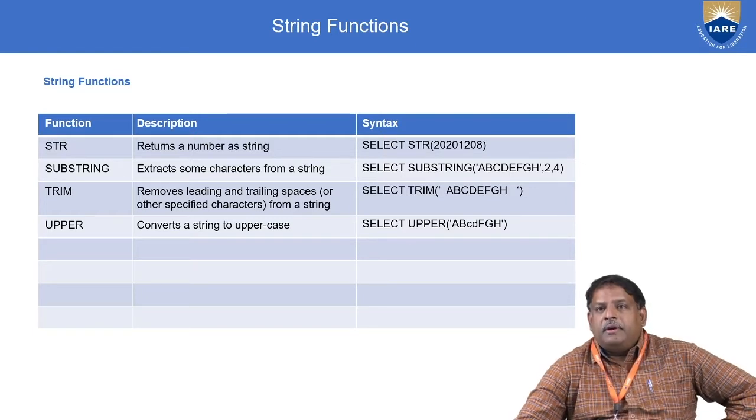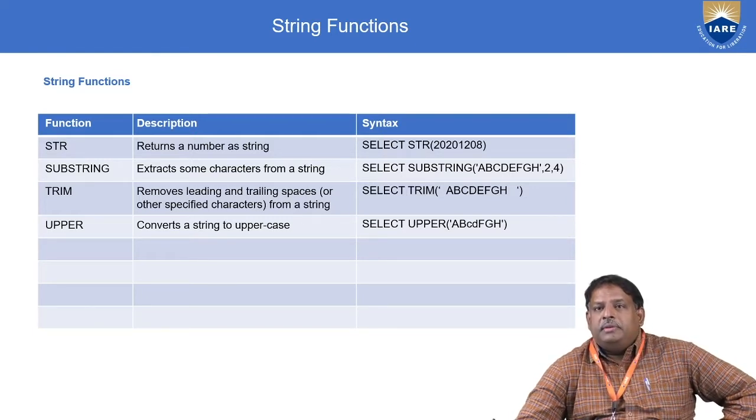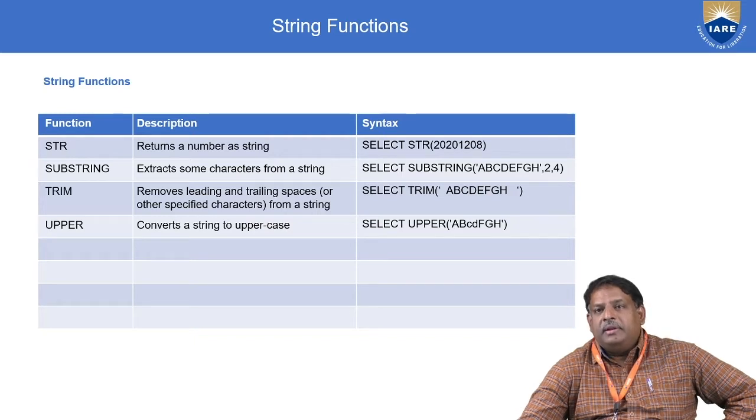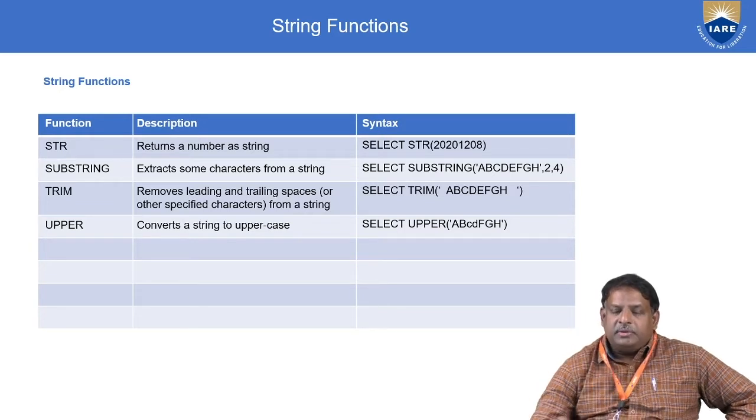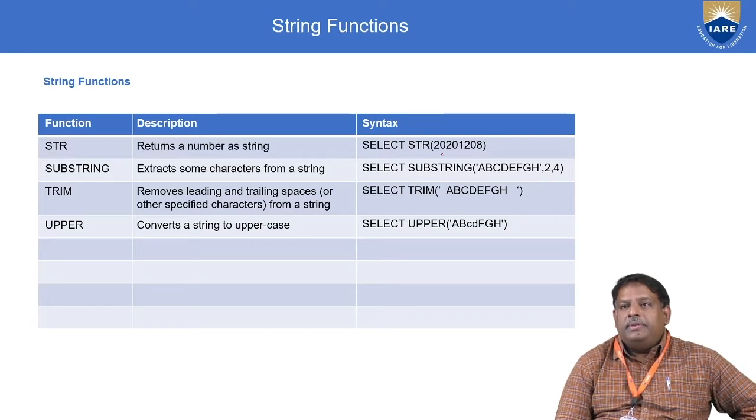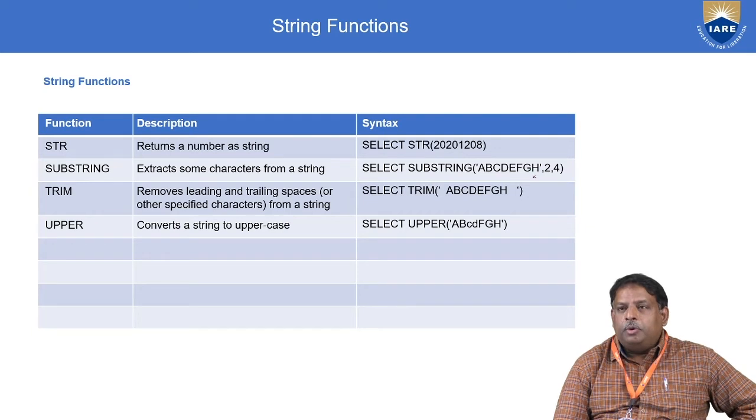Next, SUBSTRING extracts some characters from a string. The SUBSTRING function will pick a few characters based upon the condition. For example, here I give select SUBSTRING of ABCDEFGH, with starting position 2 and number of characters to be returned 4.